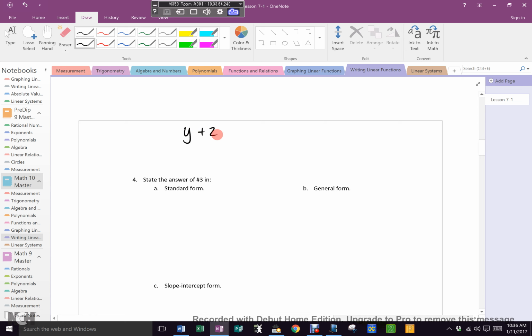Y plus 2 equals 2/3 x minus 6. I want that in standard form. And here is where the wheels fall off. Standard form is ax plus by equals c.